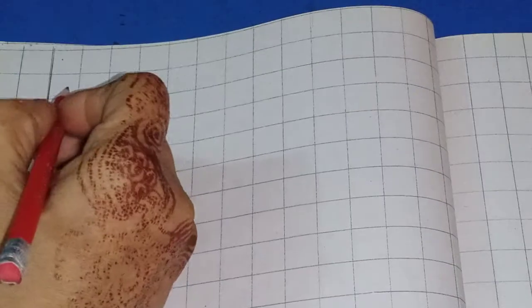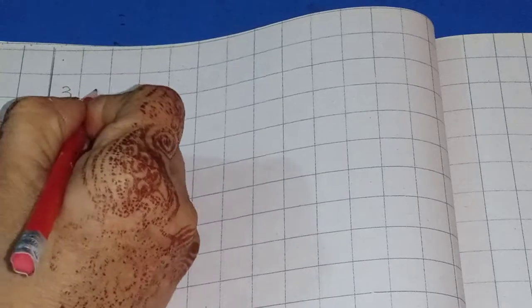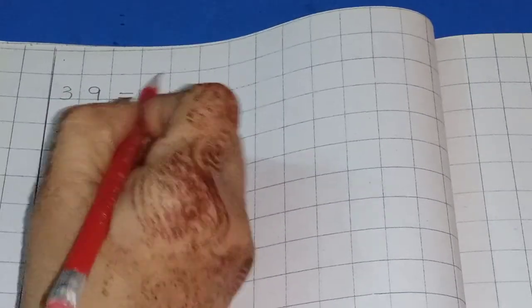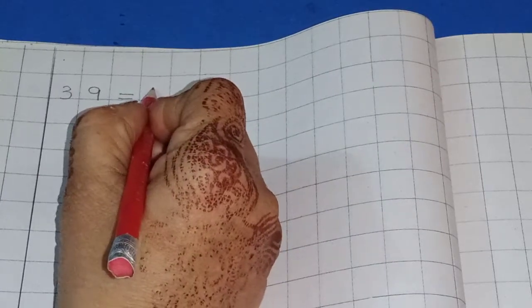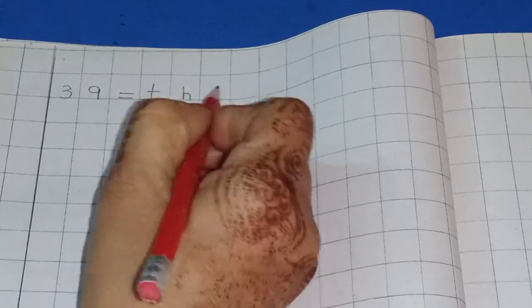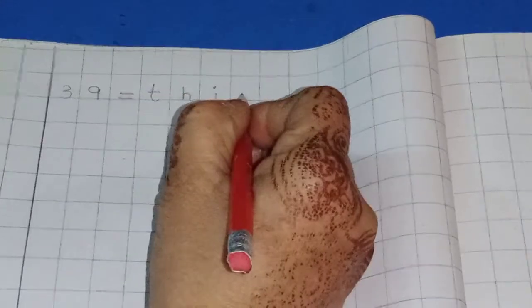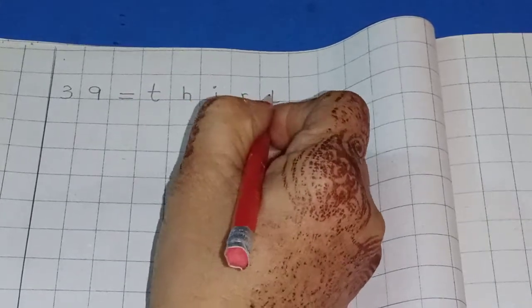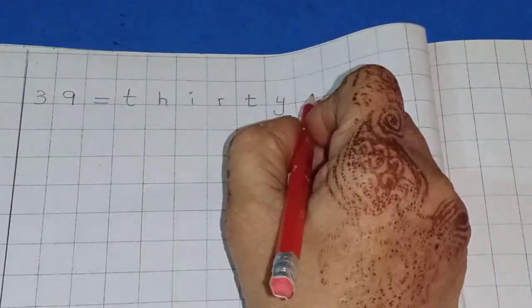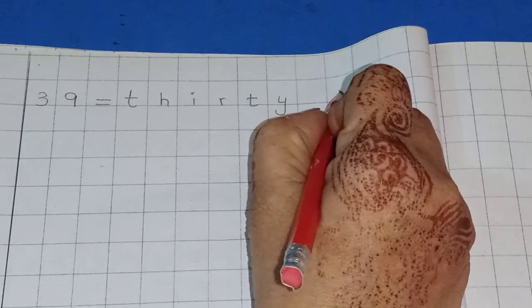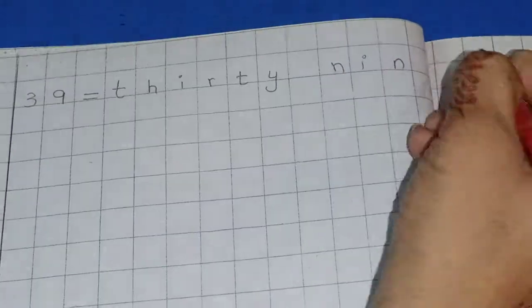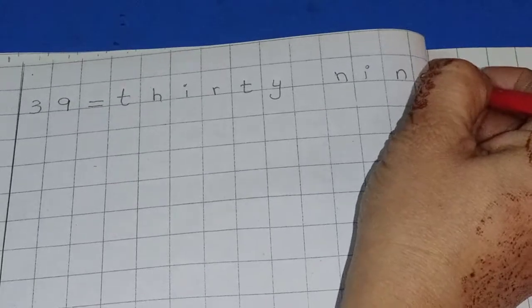In the first column you will write 39. Then you will write the sign of equals to, and here you will write the spelling of 39: THIRTY 30, and here you will leave one column and then you will write the spelling of 9: NINE 9.